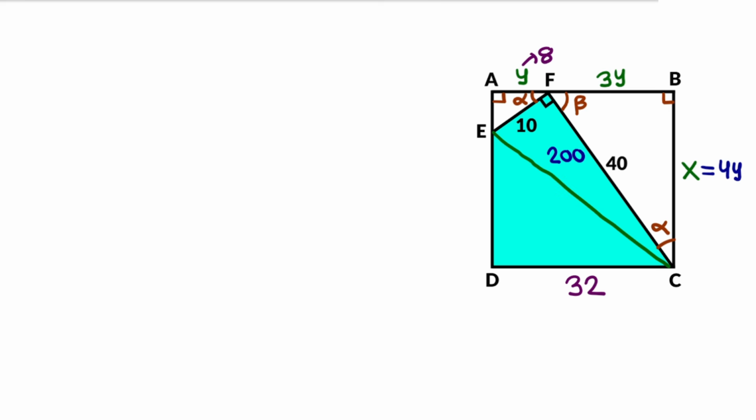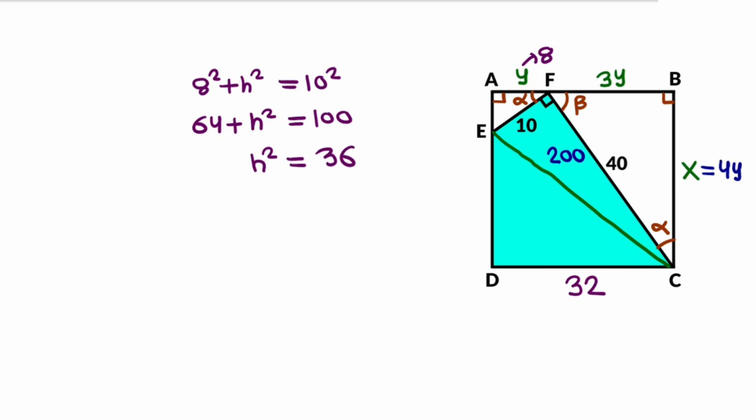Using the Pythagorean theorem, 8² plus height² equals 10². So 64 plus height² equals 100, which means the height² is 36. So the height is 6. That means the little top left vertical piece is 6 units tall.